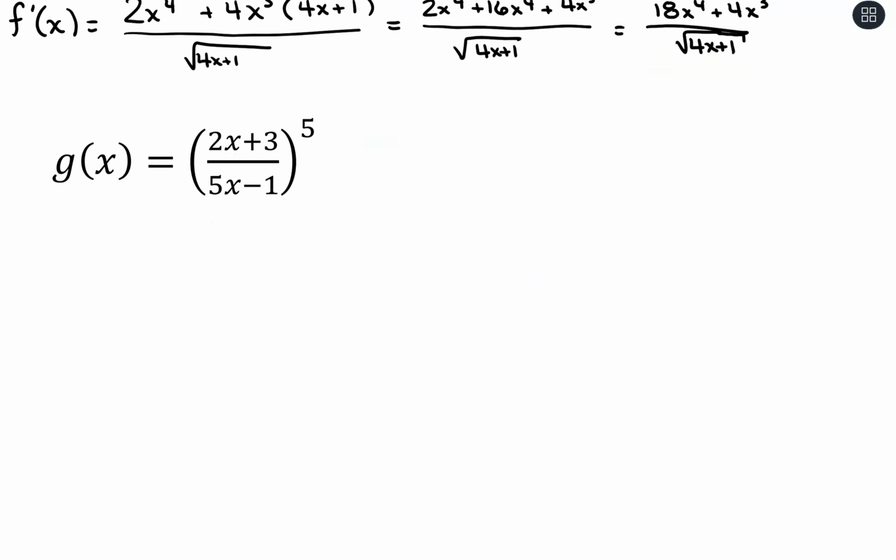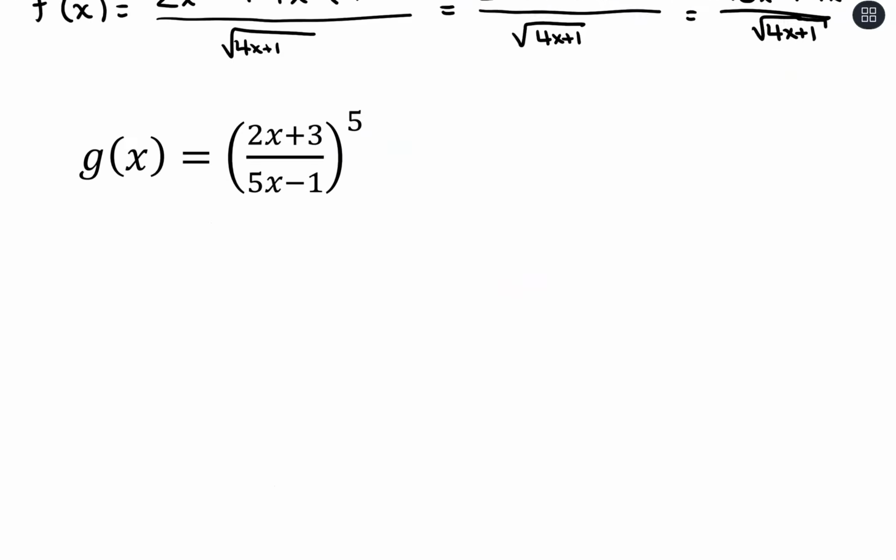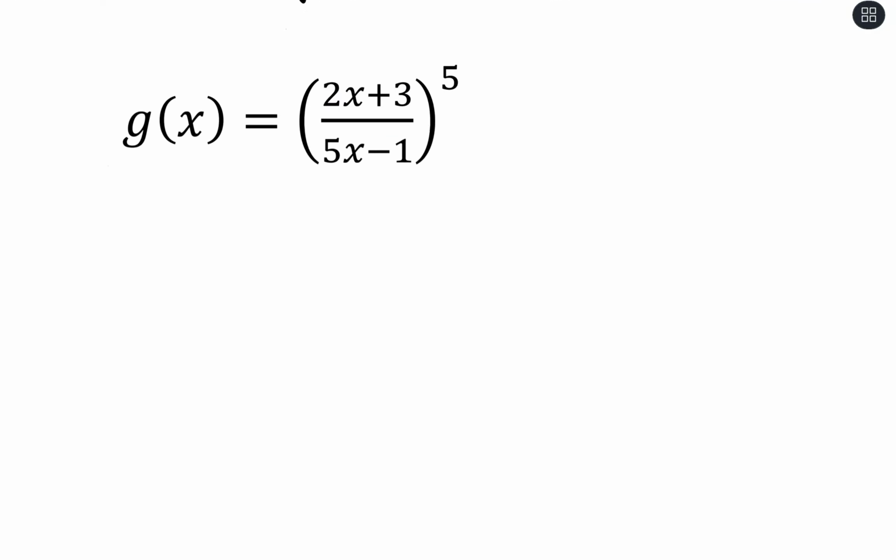Okay, another scenario here that combines two ideas. So we have our inside function is a big one, and then outside function, that 5 there. So if I'm taking the derivative, I would take the derivative of the outside function, so that exponent of 5 drops down, inside function raised to the 5 minus 1, which is 4.